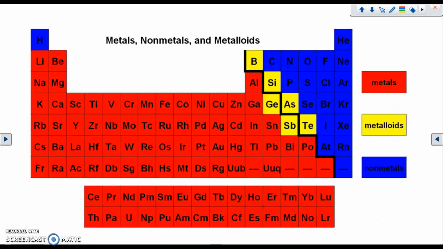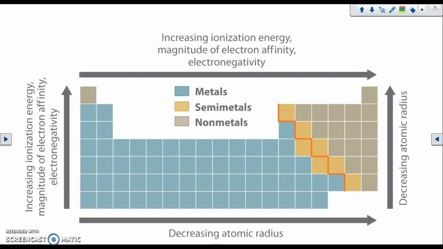Now, why do we care about this? Well, again, there are trends that you can look at when you're looking at the periodic table. So four of the periodic trends that we're going to be talking about are ionization energy, electron affinity, electronegativity, and atomic radius.